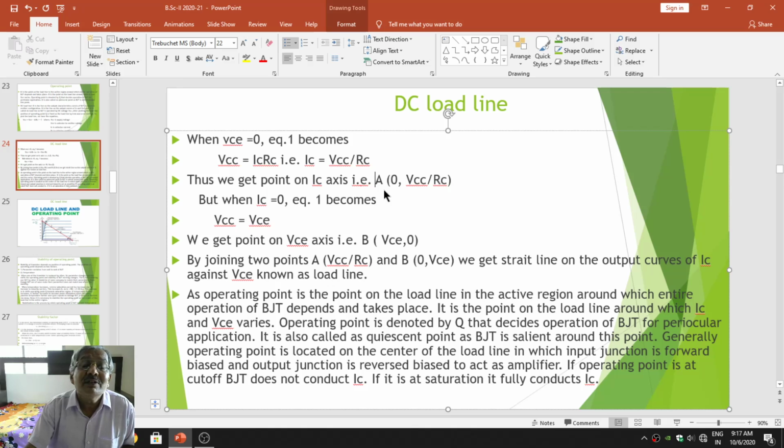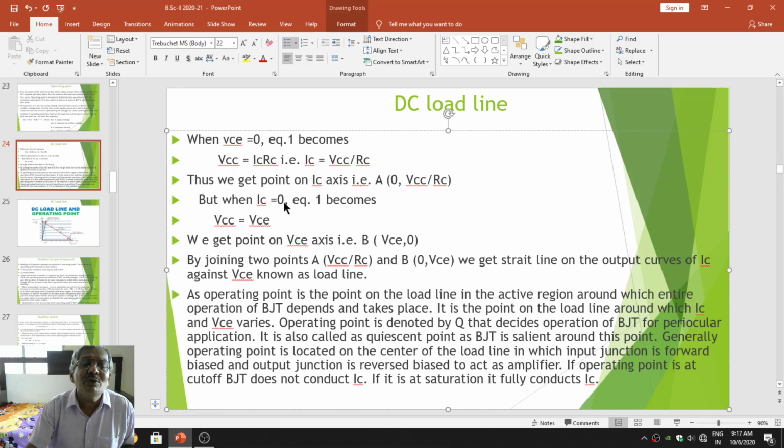Obviously, this point is located on the IC axis because it is a point on the Y axis. On the Y axis, the X coordinate is 0 by geometry. So as the X coordinate is 0, this point is definitely located on the Y axis, and that is the IC axis.